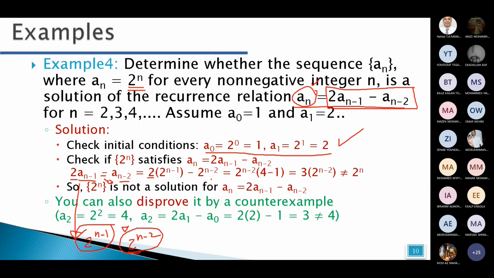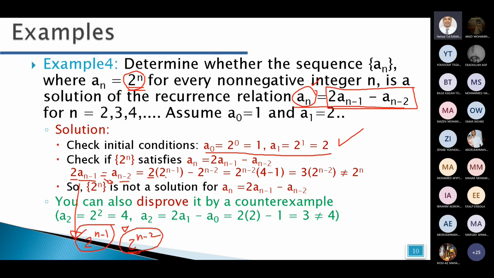We have to organize this and try to reach something like 2 power n.